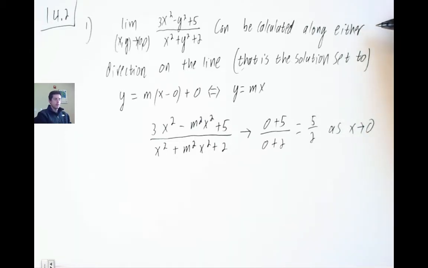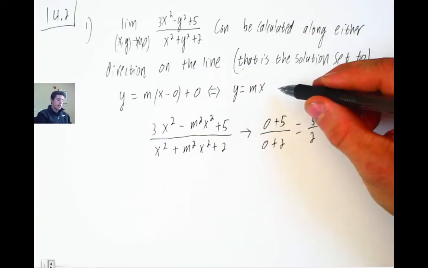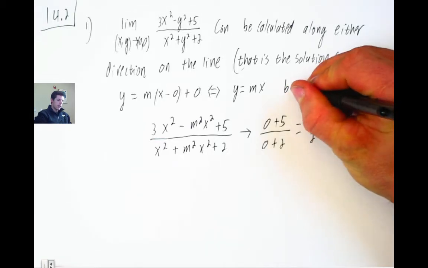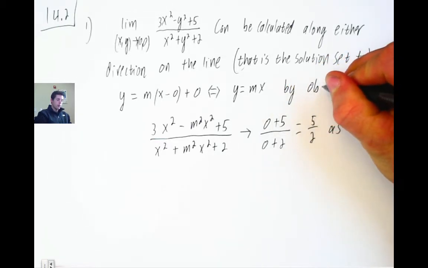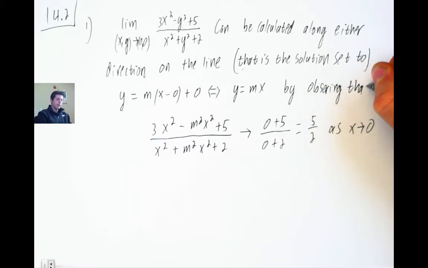Let me try to finish off this sentence. This limit can be calculated along either direction on the line that is the solution set to y equals mx by observing that this is the case.